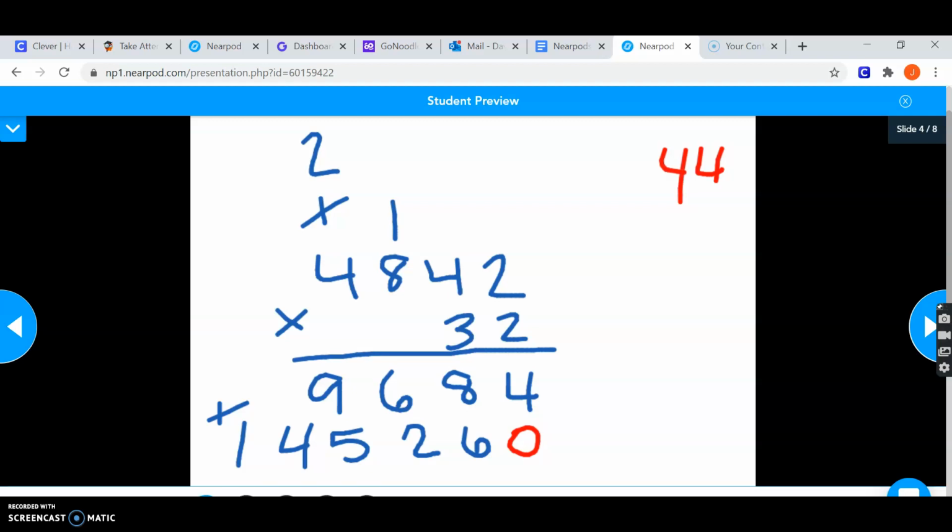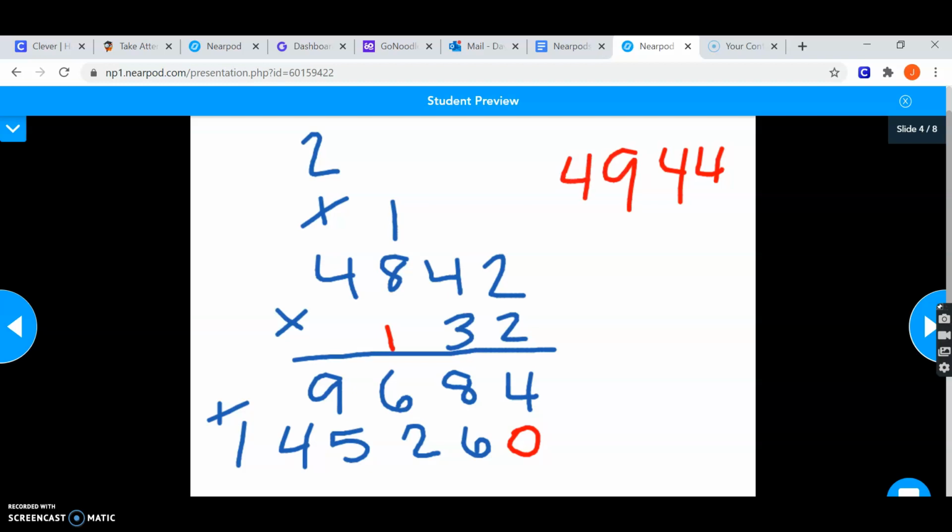Then I'm going to regroup my 1 up at the top. 6 plus 2 is 8, plus 1 is 9. 9 plus 5 is 14. Regroup that 1 above the 4. 4 plus 1 is 5. And finally, 1 plus nothing is 1.